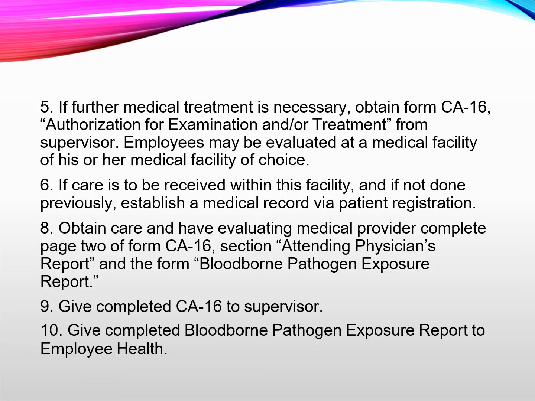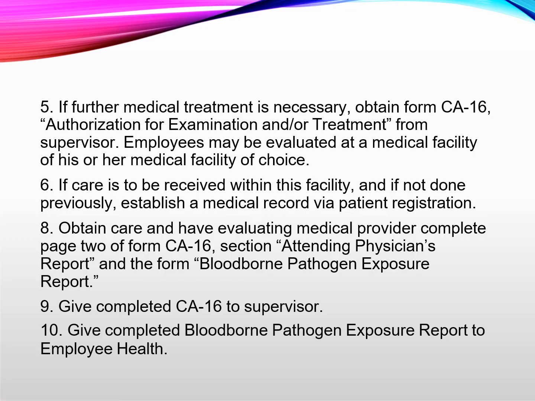If more medical treatment is needed, obtain a Form CA-16 that must be obtained from your supervisor. You do not have to receive care in this facility for this. Make sure the form is filled out no matter where you receive the care and give the completed form to your supervisor.